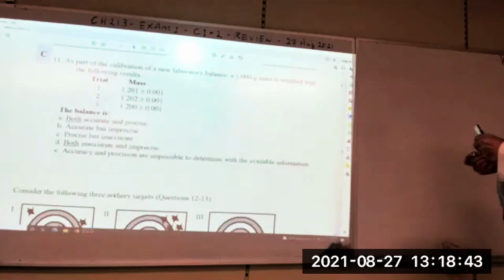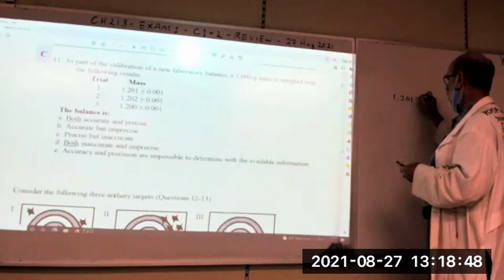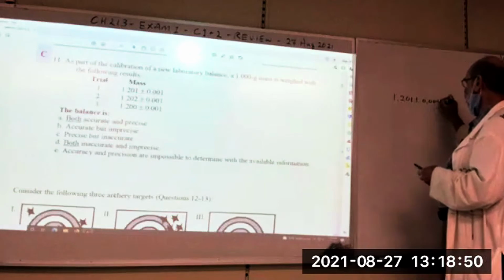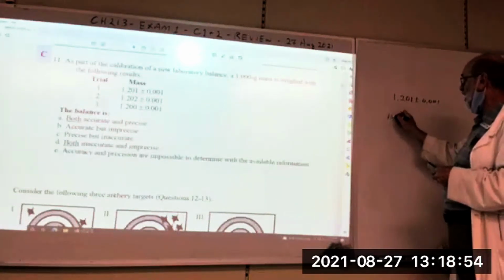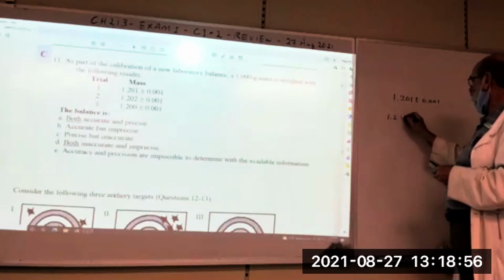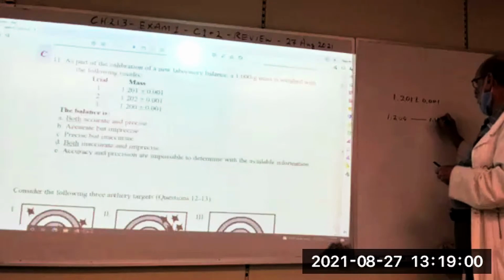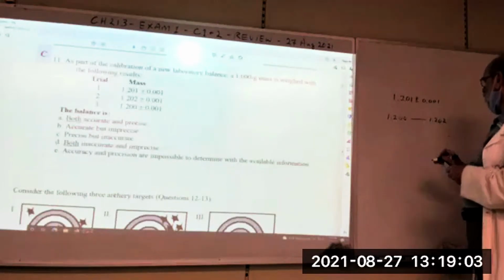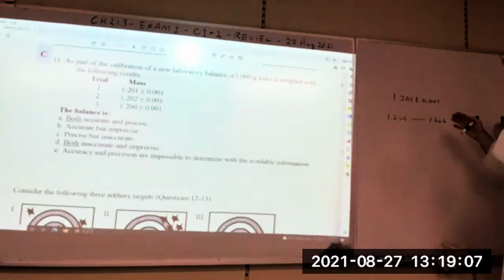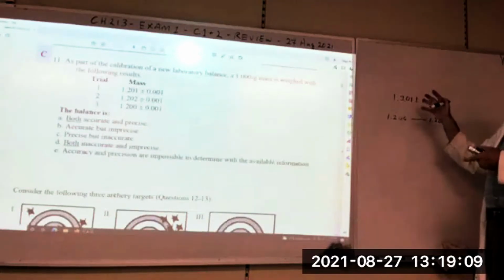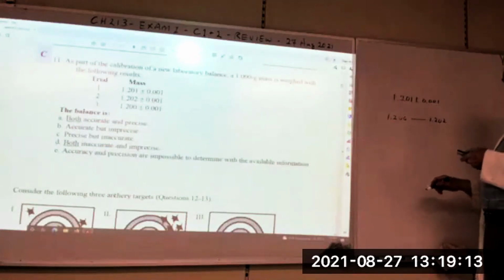So you're saying with that first one, 1.201 plus or minus 0.001, you're saying that you have confidence that your measurement is between 1.200 and 1.202. The only thing about this is it didn't say how confident are you. 95% confident, 99% confident.